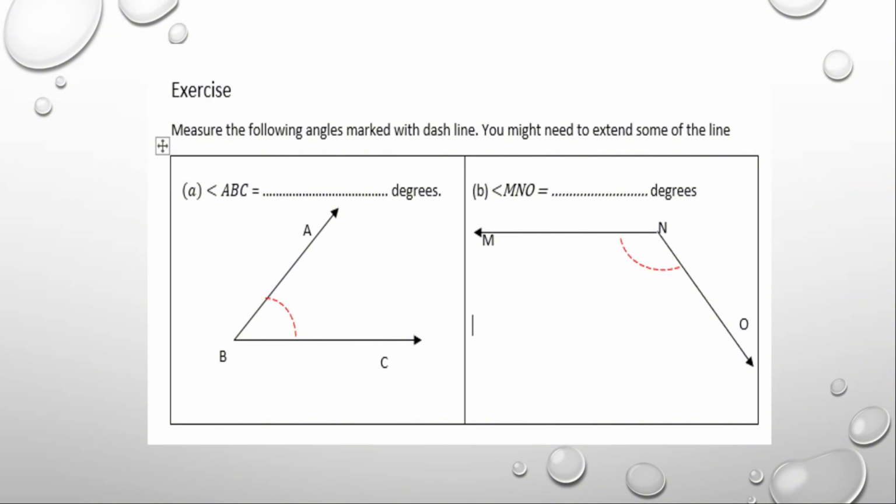Now I want you to measure the following angles marked with a dash line. You might need to extend some of the lines. Now I am not going to help you. You will place the baseline of your protractor on BC, the center point on B, and start counting from naught, 10, 20, 30, whatever, and write it on a piece of paper.